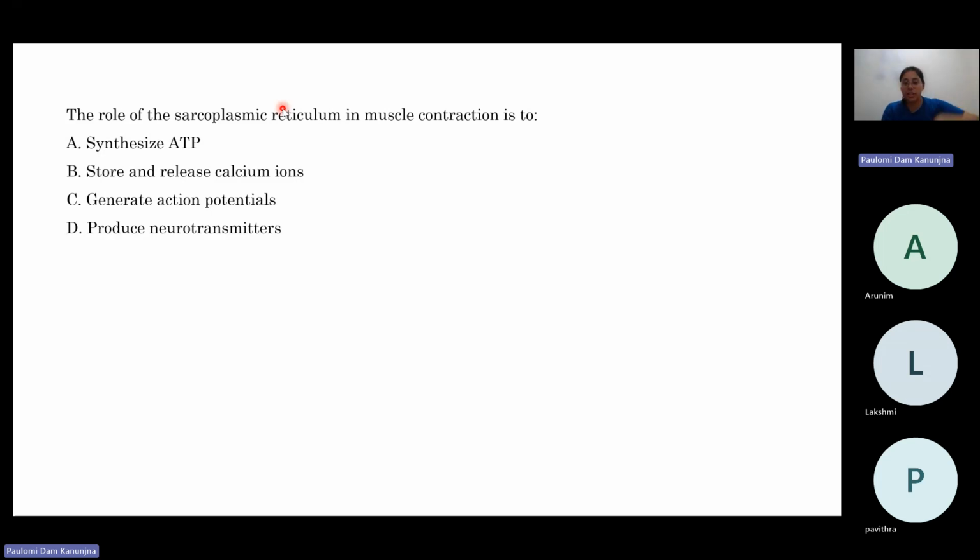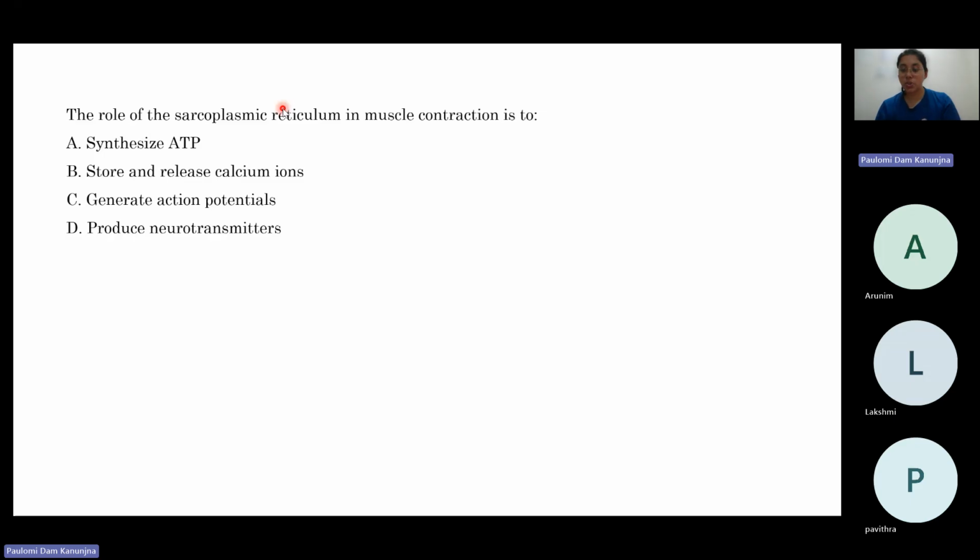What happens before the calcium ion thing happens? B. Anyone else? B. Okay.